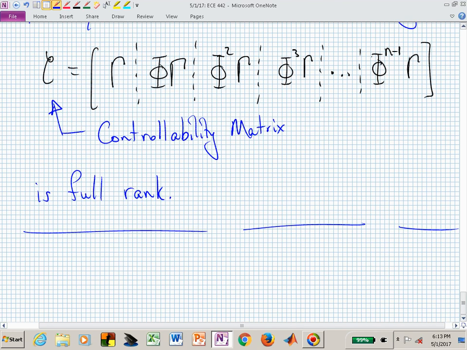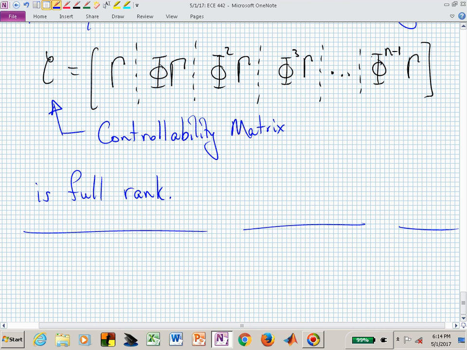By that, we mean that every row in this controllability matrix is linearly independent. That's what we mean by full rank. And if we simply have one input, gamma is n by 1, or one column wide, this controllability matrix will actually be n rows tall and 0 up to n minus 1, or n columns wide.